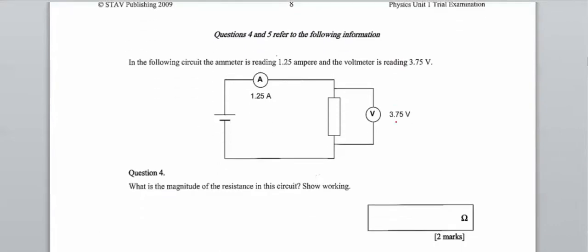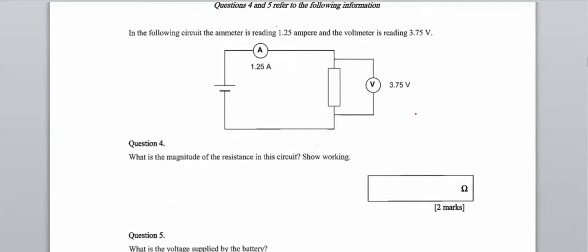Okay, the next one. In the following circuit, the ammeter is reading 1.25 amps and the voltmeter is 3.75 volts. What is the magnitude of the resistance of the circuit? Well, we have to use that law, so we've got V equals I times R. We can use Ohm's law as well to find the voltage drop across each resistor if we had more than one.